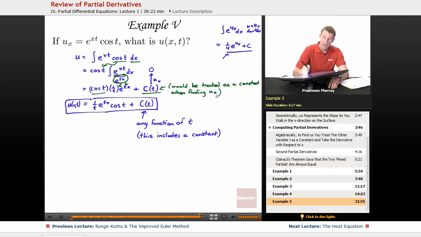So any function of t could be included there, and so I'm just going to include that arbitrary function of t, c of t, instead of including an arbitrary constant. And I can think of an arbitrary constant being built into it. So my final answer there is what I got from the integral plus any arbitrary function of t. And the reason that works is because if you took the x derivative, that c of t would just completely drop out, and we'd get back to that e to the xt cosine t that we started with.